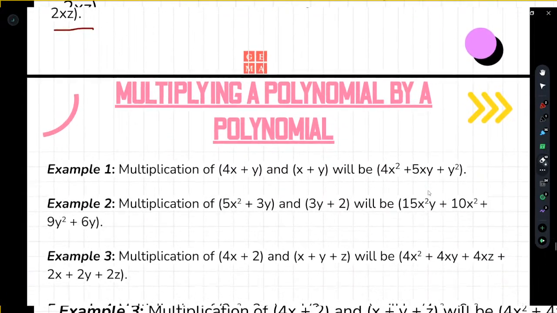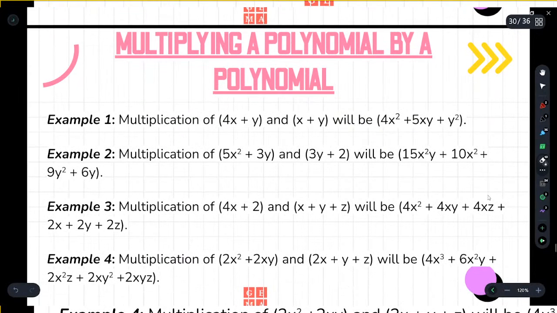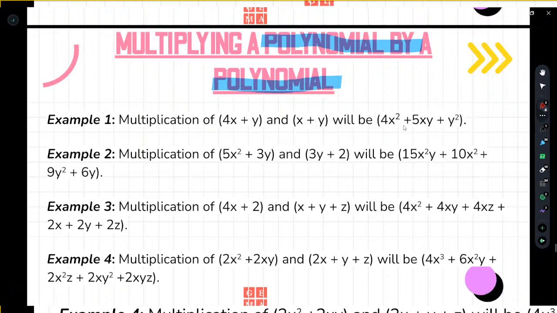Saying that, let's move on further, multiplying a polynomial by a polynomial. Okay, how do we multiply both of these? It's just the same as the earlier one, monomial by a polynomial, but the brackets get complicated here.